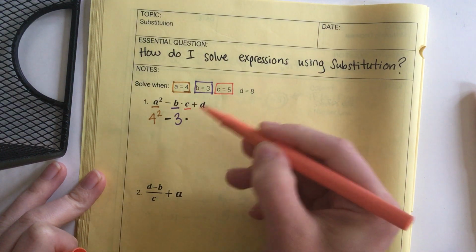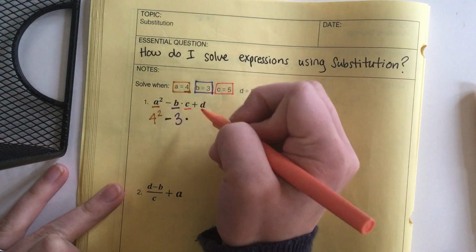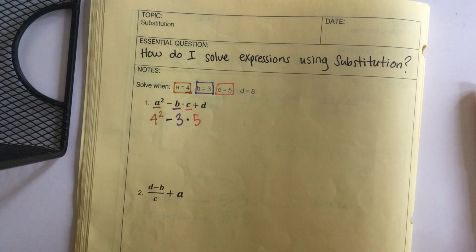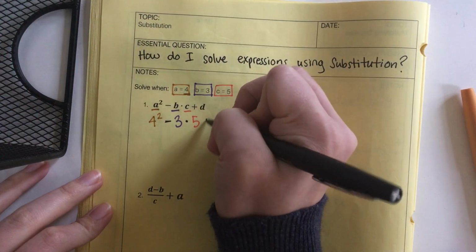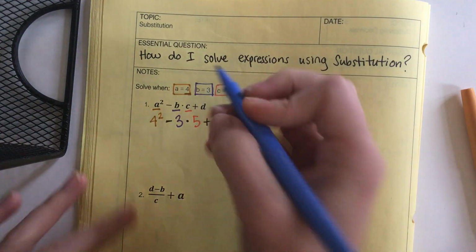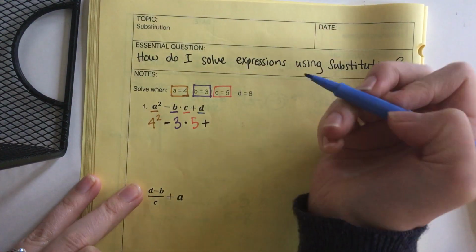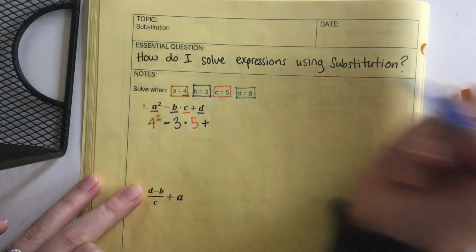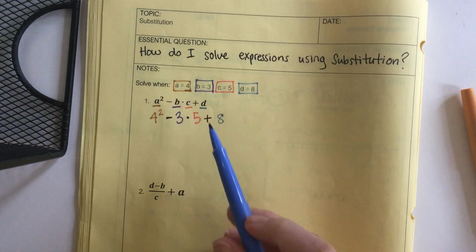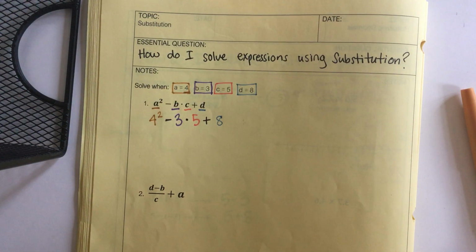So I'm substituting or replacing that C with a 5. And last but not least, I have the D, and this tells me that D is equal to 8. So I'm just replacing or substituting that D with the 8.